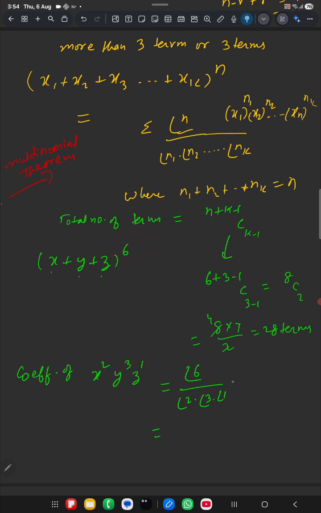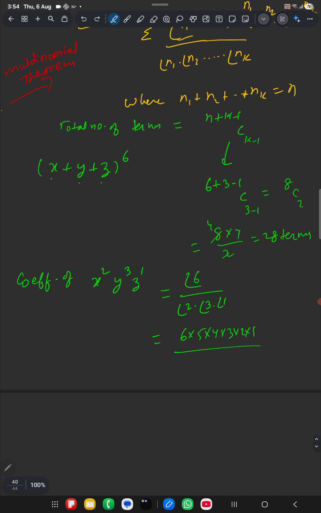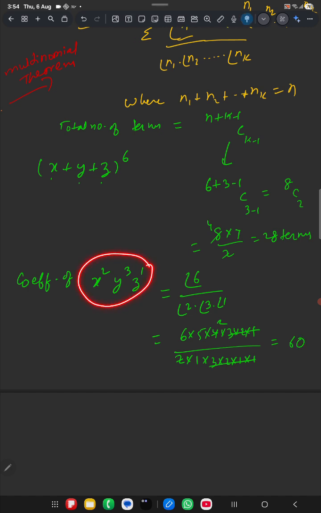So you can calculate it: 6 into 5 into 4 into 3 into 2 into 1 by 2 into 1 into 3 into 2 into 1 into 1. So 3 2 1 will be cancelled, 2 will cancel, and 60 is the coefficient of this expression. This is the way you have to solve.